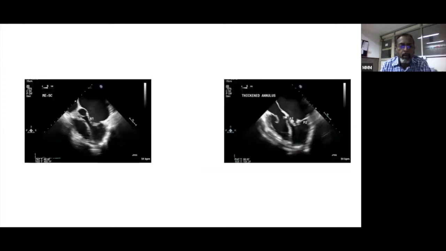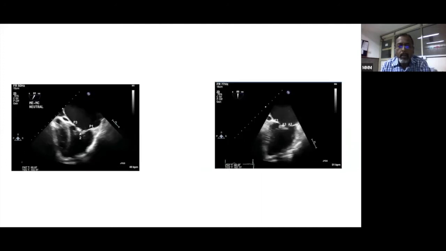In a five-chamber view, where the aorta is slightly open, you have A1 and P1. In a four-chamber view, most of the time it is A2 and P2. Then the commissural view, at 60 degrees, you will get P1, P3, and in the middle A2.